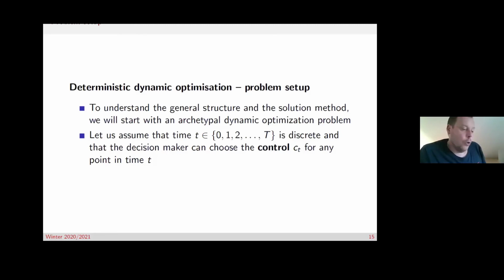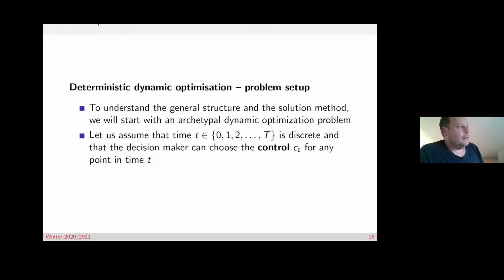So in the first step, we assume that time is discrete. This is, by the way, an assumption that we make all the time. We only focus on discrete time models. From a theory point of view, the discrete models are readily extended to continuous time problems.